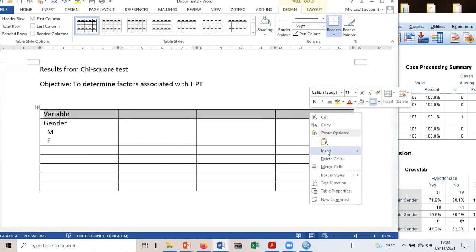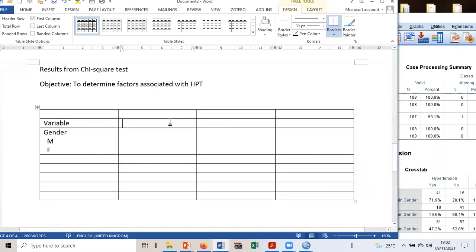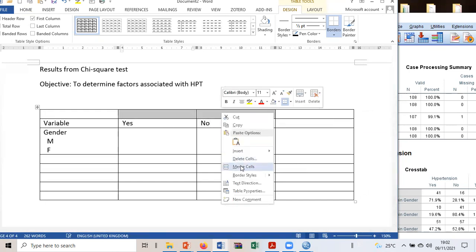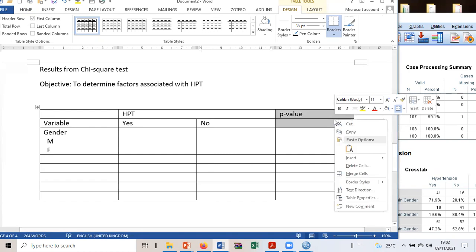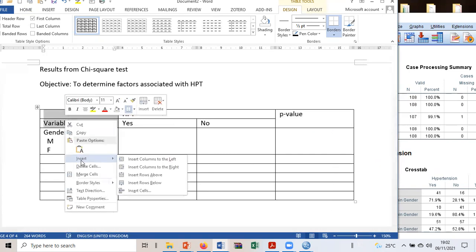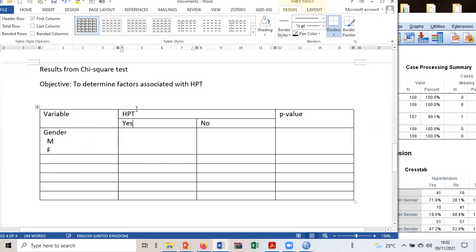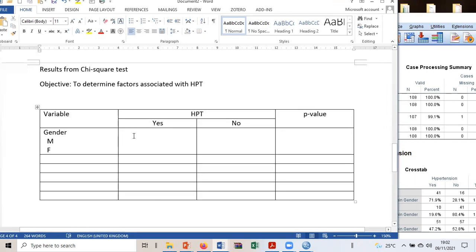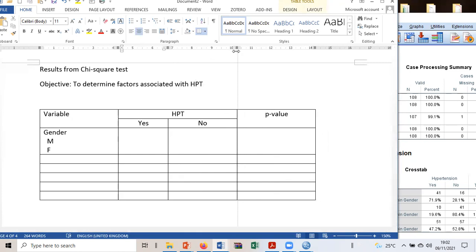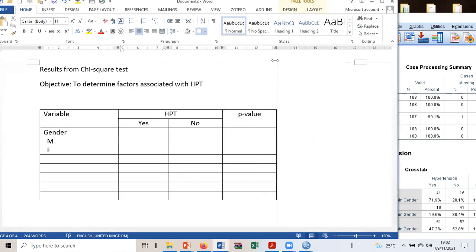Insert one more row above. And p-value. Okay, let's say table X.